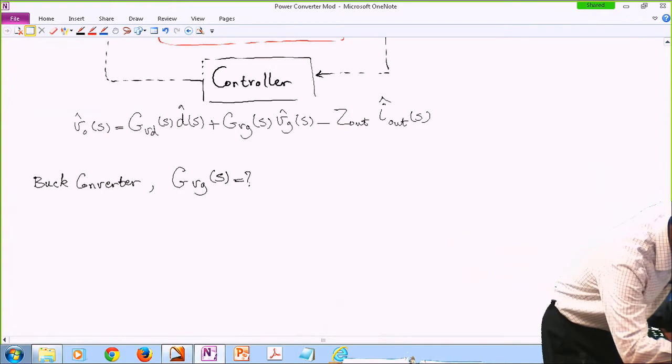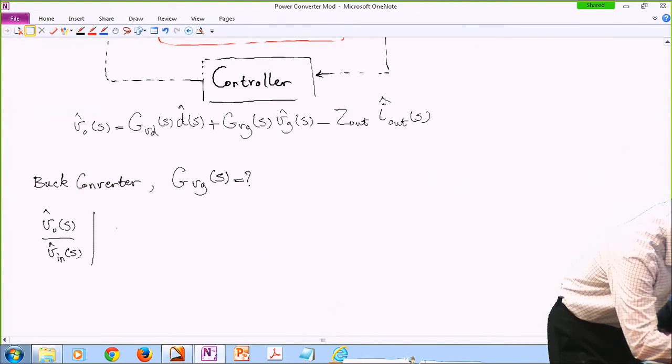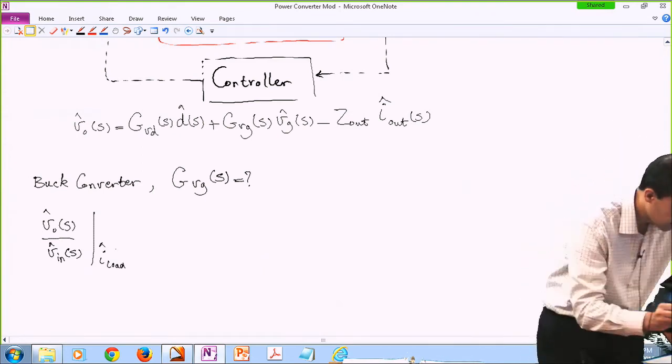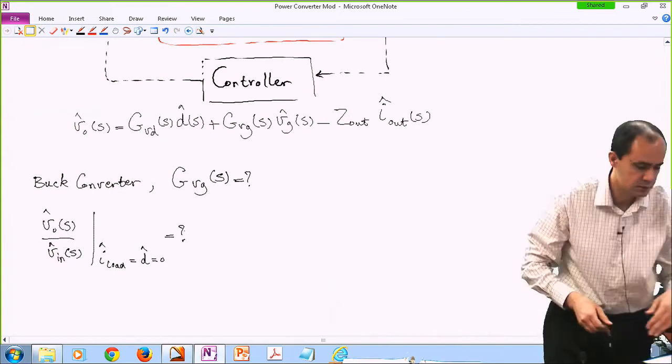So technically we are looking for how the output voltage is affected by changes in the input voltage while the load current is not perturbed, or the load resistance is not perturbed, and also the duty cycle is not perturbed. So we are trying to find out what this is.